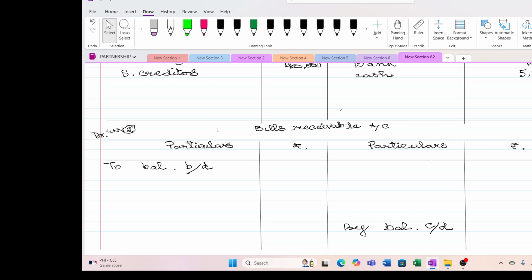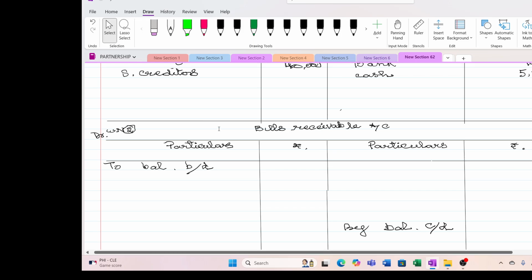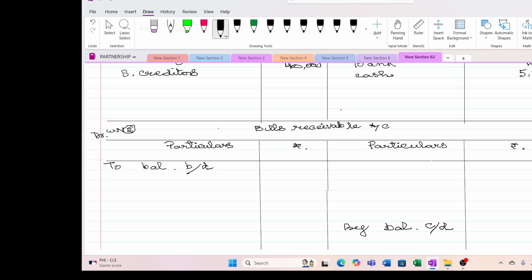So bills receivable account opening balance is 15,000, and the closing balance is 6,000.